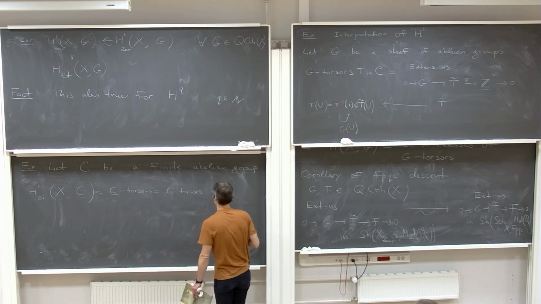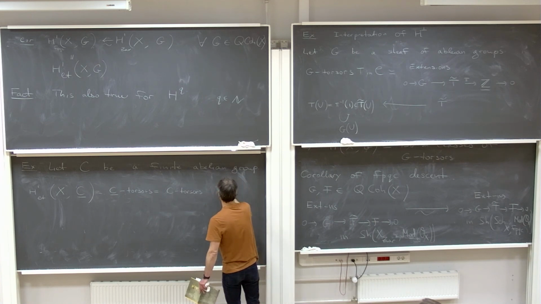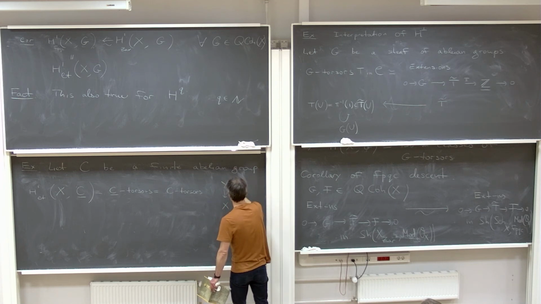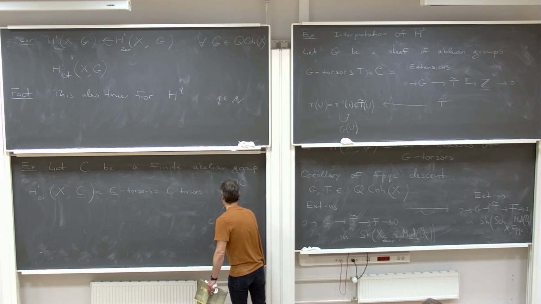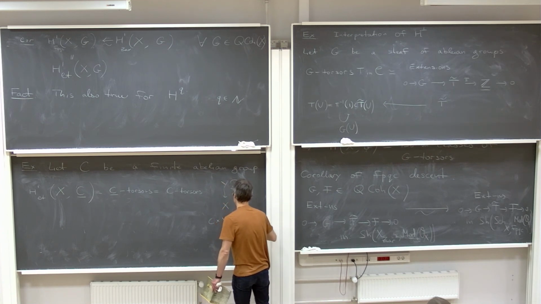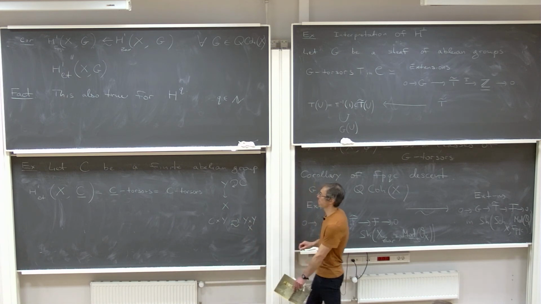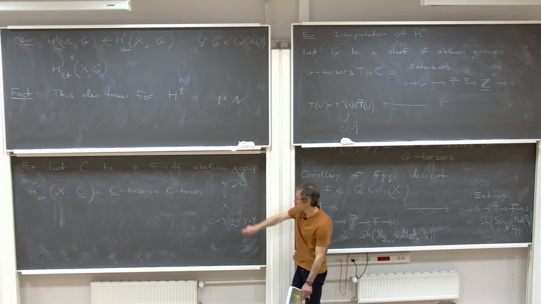So what is a C torsor? It's a flat FPQC cover with an action of C such that the map from C times Y to Y times Y, everything over X, is an isomorphism. This map is given by the action.